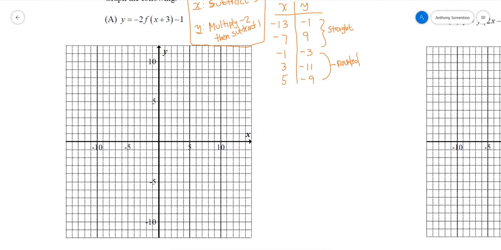So first I'm going to plot my points. And of course the first three I'm going to do with the straight. And then the last three, starting with the third one and going to the fifth, the fourth and fifth, I'm going to do more rounded.